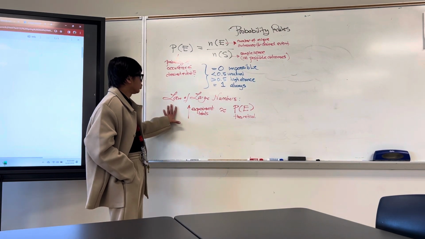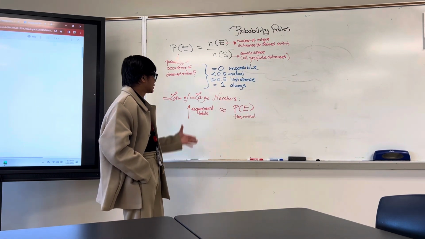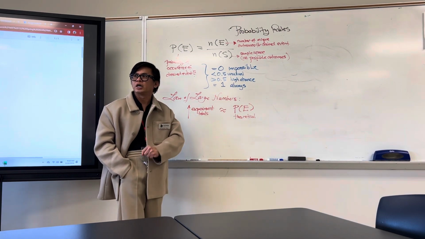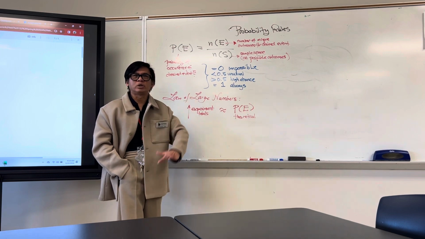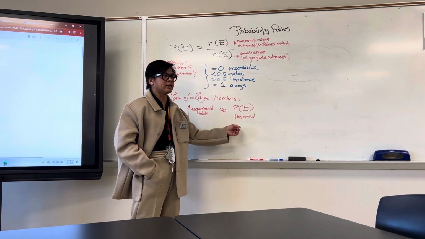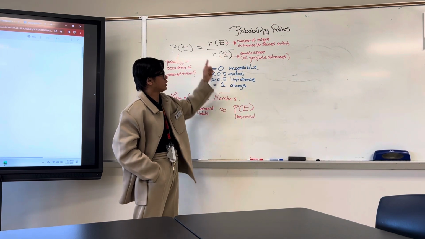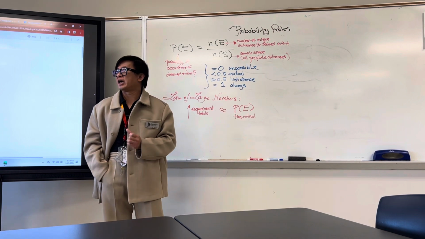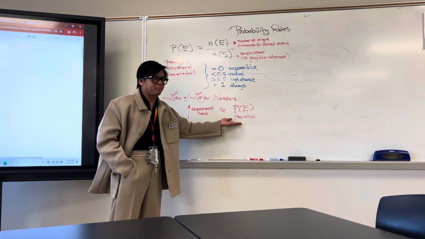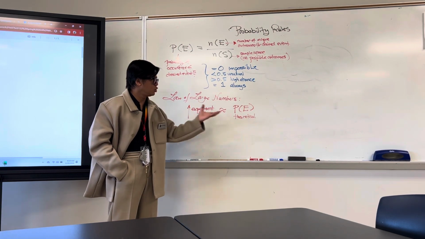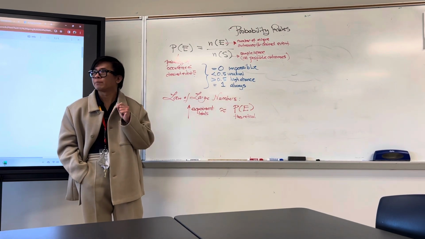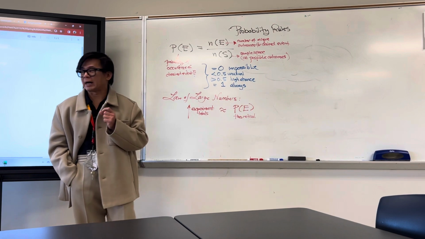And the last one is this one, right? Law of large numbers tells us that as the number of repetitions of the trials goes up, from 100 trials to 200 trials, even 1,000 trials, then whatever your theoretical probability is, that is what you will get. So the theoretical value of the probability of an event, you will get it as long as the experiment trials keep increasing.